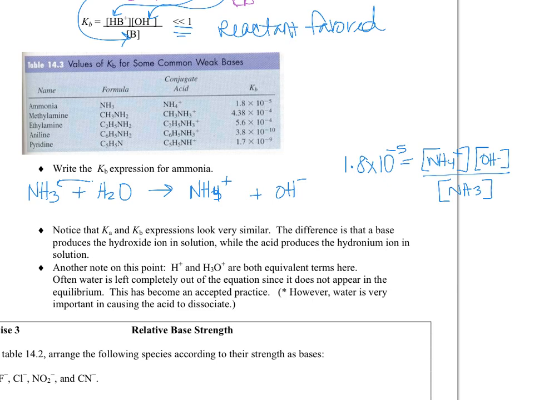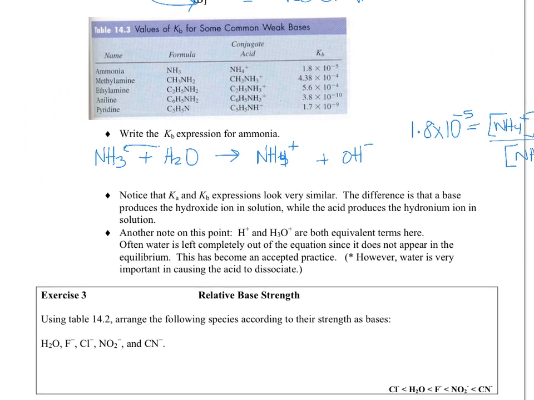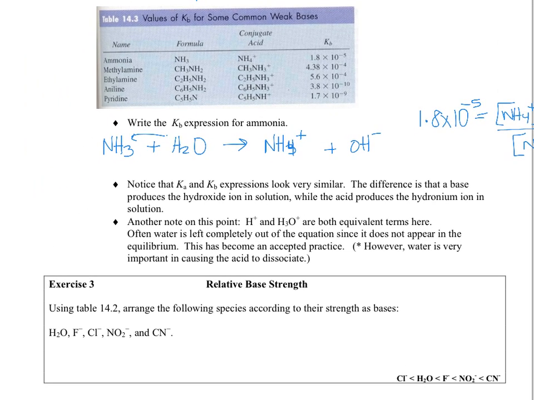So we can see that the Kb expression works the exact same way, products over reactants, but instead we're looking at the hydroxide concentration is usually what we're finding instead of H3O plus. So they do look very similar. The difference is the base, same thing I'd pointed out, the base produces the hydroxide ion in the solution, whereas the acid produces the hydronium ion in the solution.